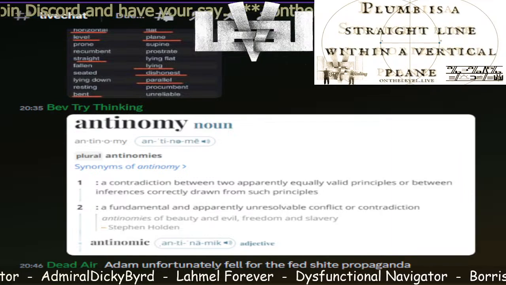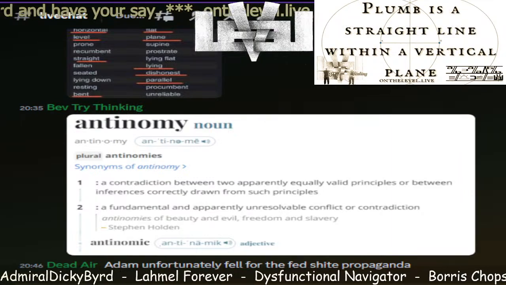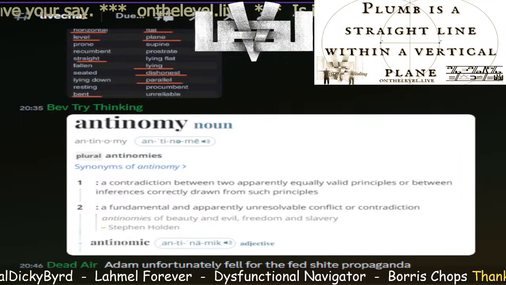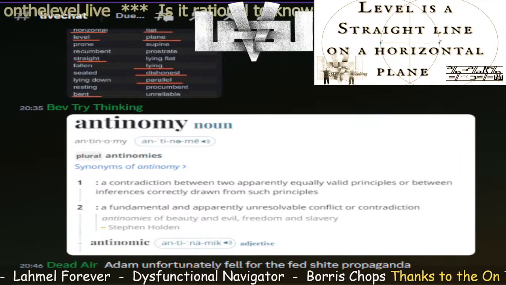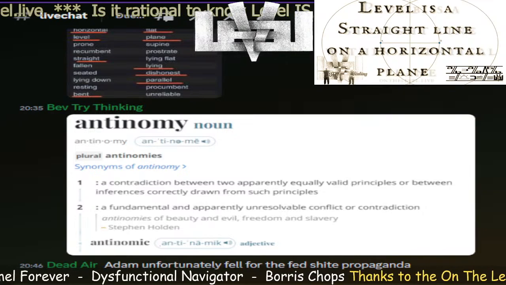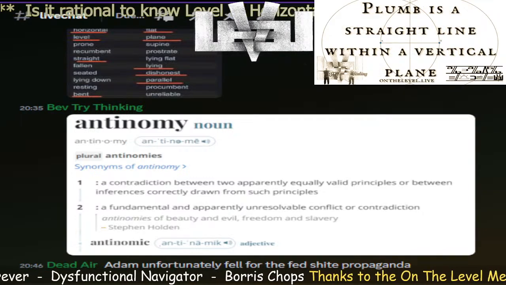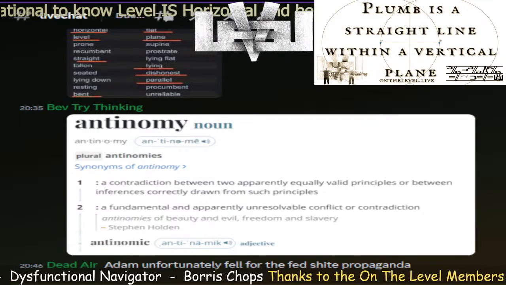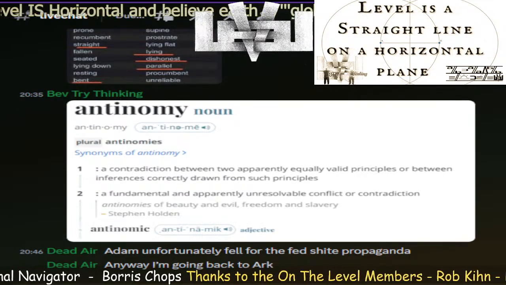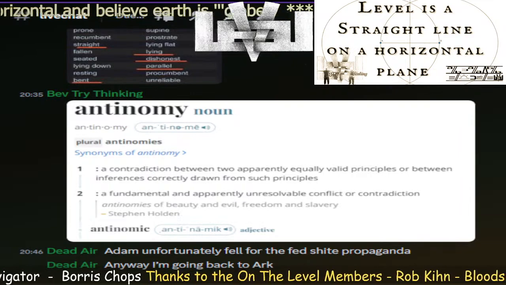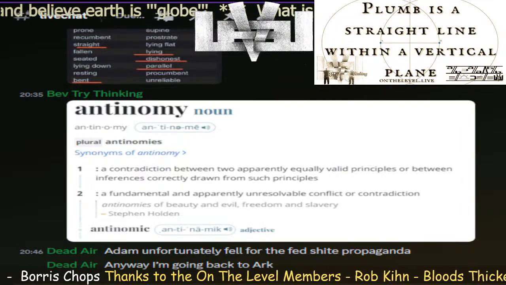Logic says that if flat is horizontal, so if flat means orientation, this specific orientation, which is horizontal, and the opposite of horizontal is vertical, obviously, it means that vertical cannot be flat. And this is absurd.